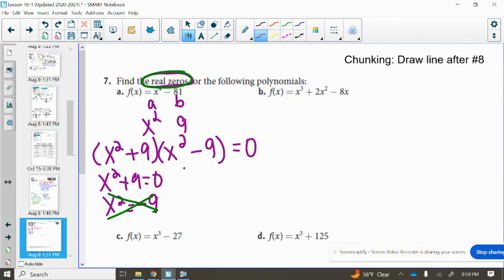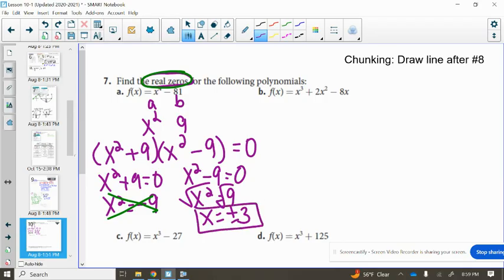However, on the other side, if we set x squared minus 9 equal to 0, we have x squared equals 9, square root both sides. X will be positive or negative 3, if we're looking for the real zeros. This would give us imaginary or complex zeros, so we're not going to include it in our answer this time.